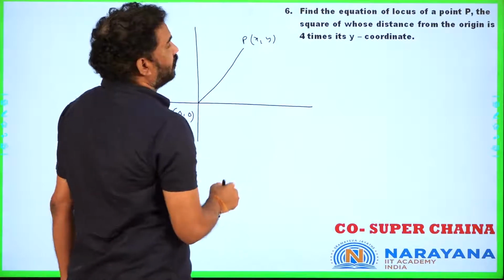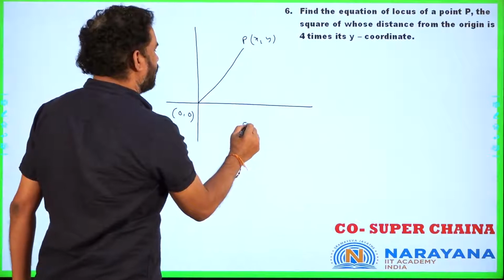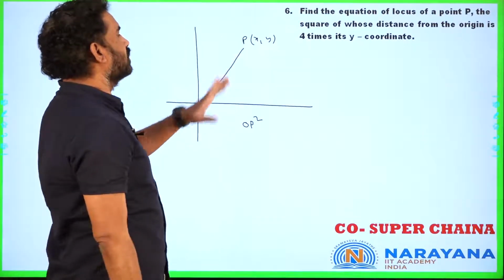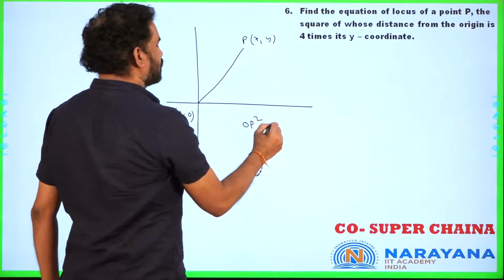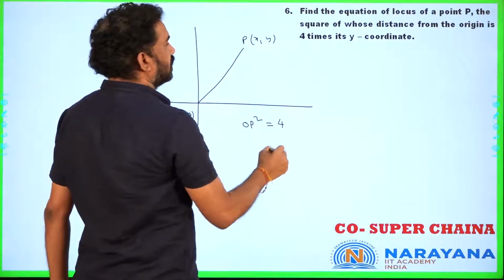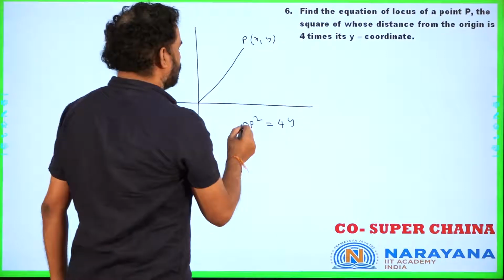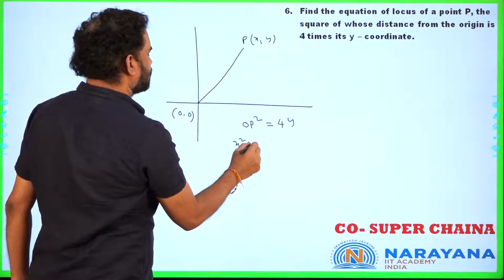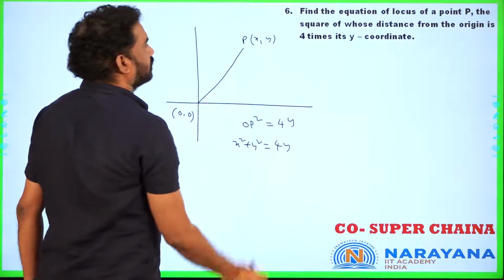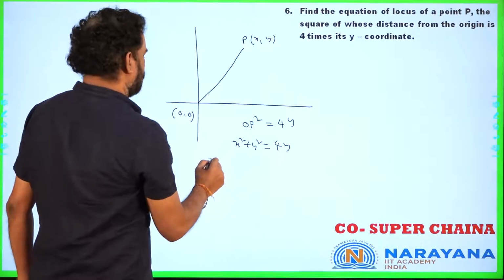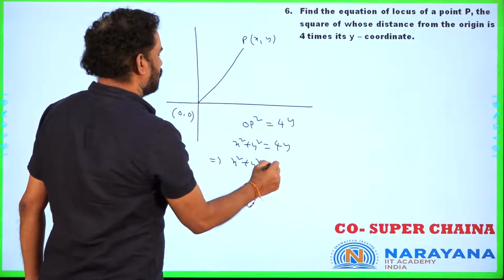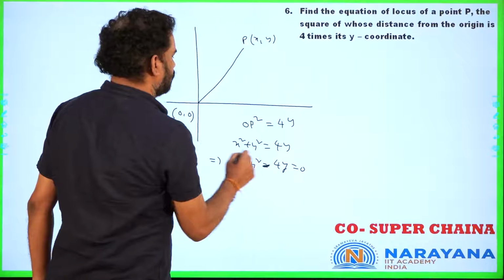The square of the distance from the origin, OP squared, is 4 times the y coordinate, 4y. What is OP squared? x squared plus y squared equals 4y. So x squared plus y squared minus 4y equals 0.